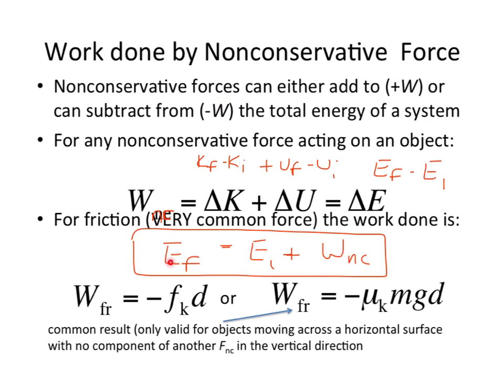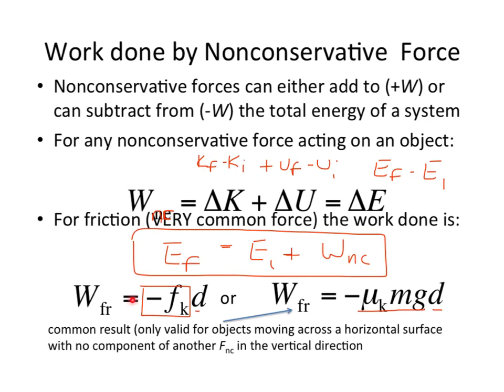For friction, the work done by friction is the force of friction, and we know that to be mu k times the normal force, which is mg for objects on a flat surface, times the distance. And where does that minus sign come from?